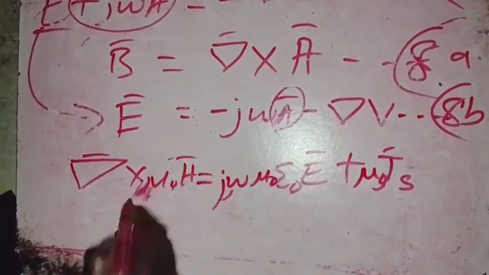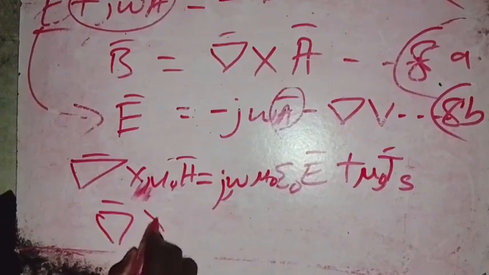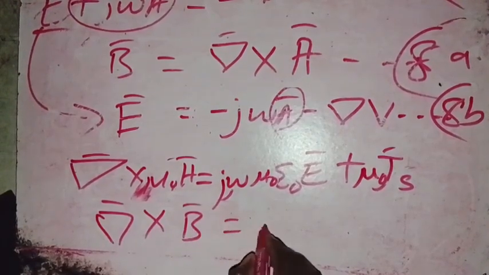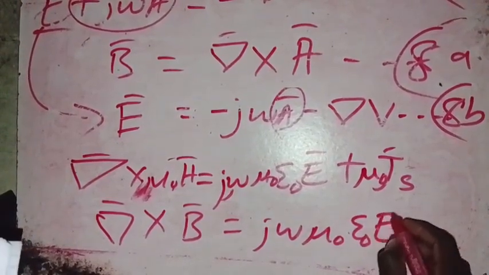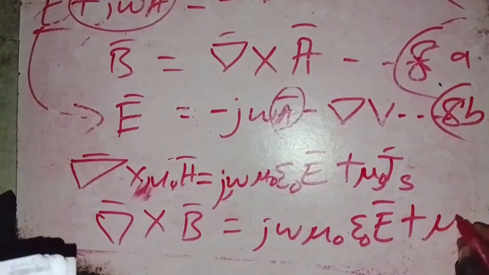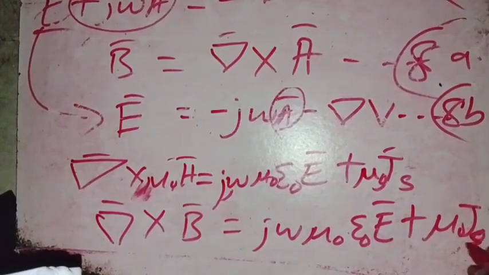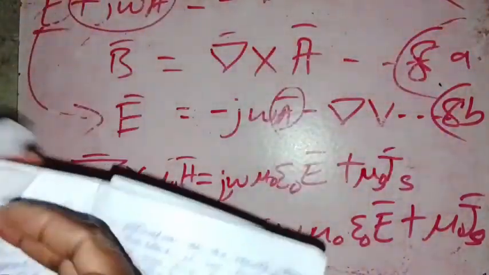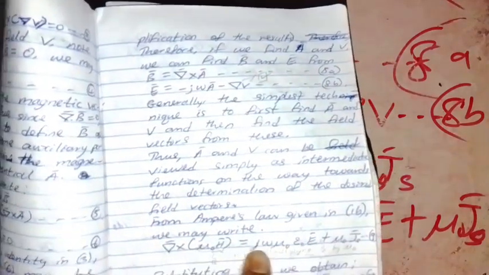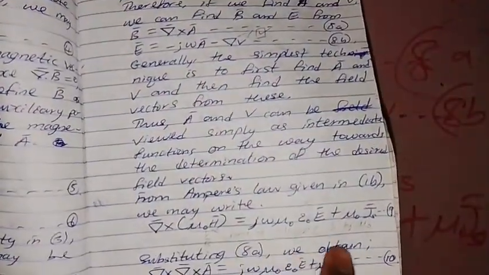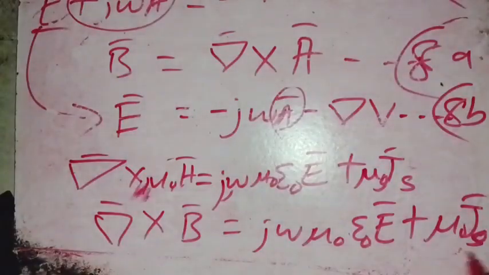Then we can say this is equal to j omega mu naught epsilon naught E plus mu naught Js. And that is what you have as equation 9. Let me dot.